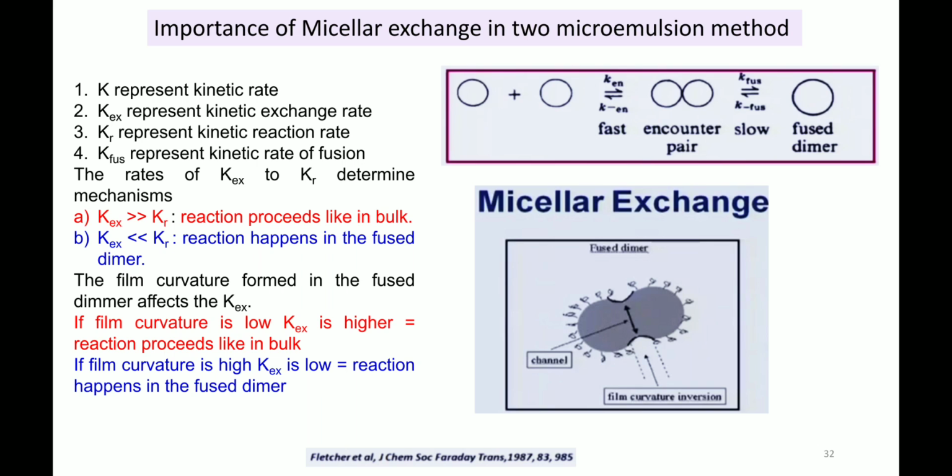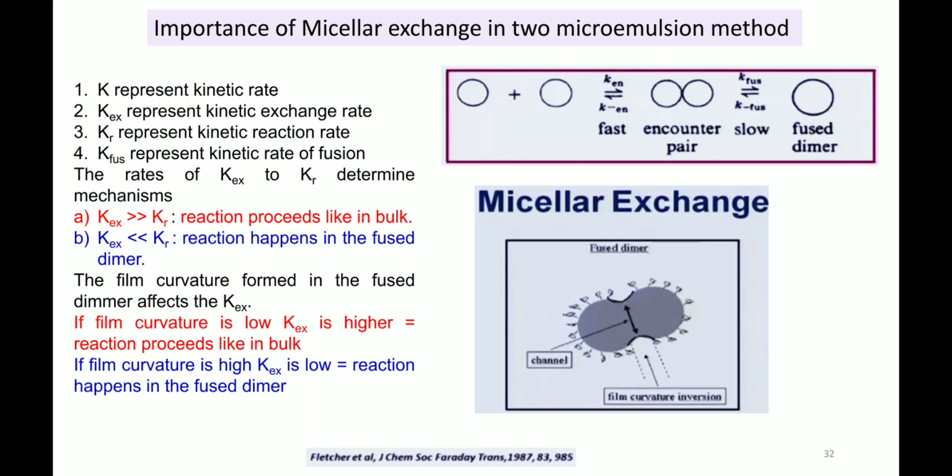The film curvature is shown by an arrow, and we are talking about that film curvature. If that film curvature is low as shown, then what happens? K exchange is higher, right? Because it is giving more space, a lot of reactant A and reactant B immediately exchange with each other, and because of that the formation of a single particle can take place.